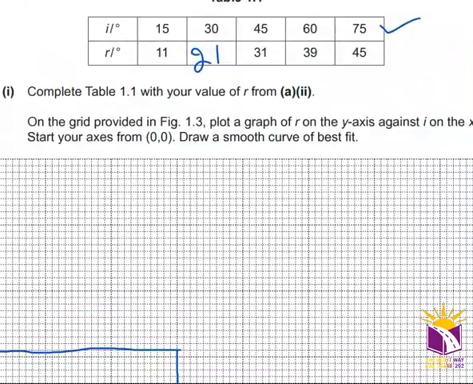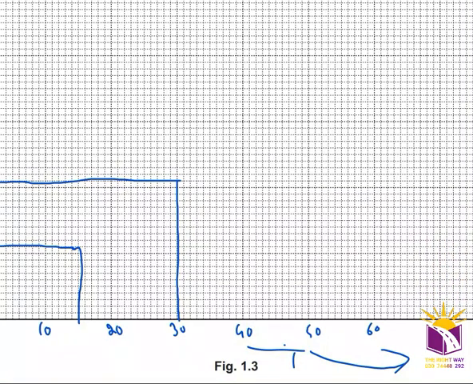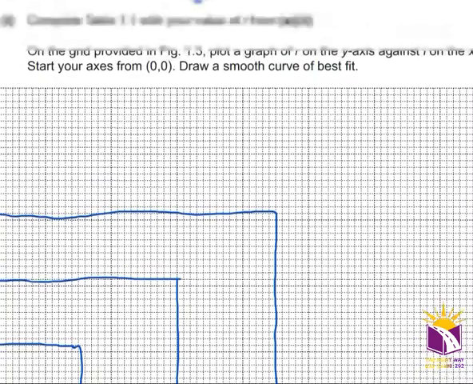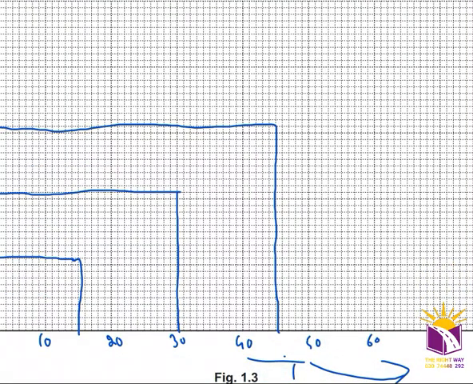The third one is 45 and 31. Then 60 and 39.